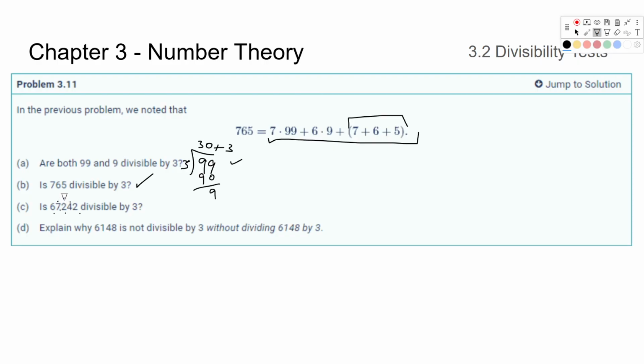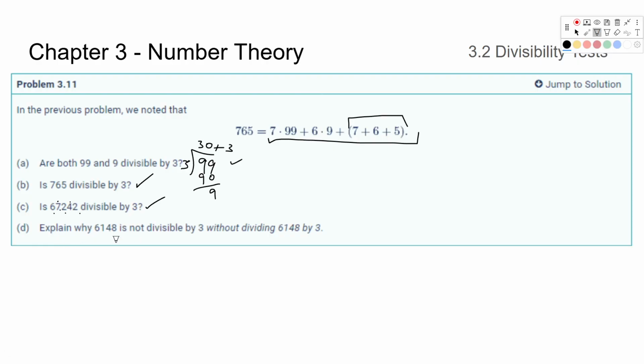And this would be 2 times 100, which would be 99 plus 1. 4 would turn into 4 times 10, which would be 9 plus 1. And so 9999 is divisible by 3. 999 is divisible by 3. 99 is divisible by 3. 9 is divisible by 3. All those are divisible by 3. And then all we're left with is the stuff at the end, and to see if that is divisible by 3. And in this case it was, so this number is divisible by 3.